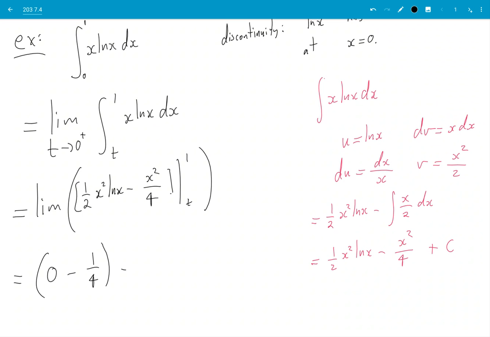And when we plug in t, we get half t squared ln t minus t squared over 4.